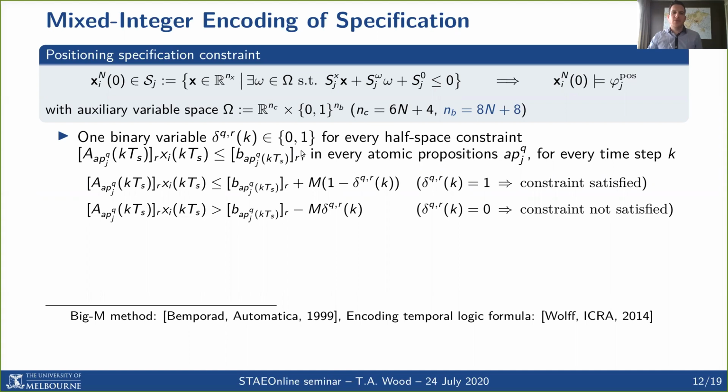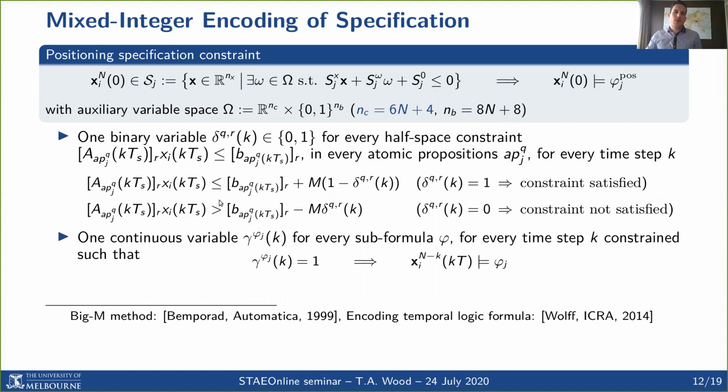So we introduce a binary variable for each of these cases, and we use the big M method, where we can encode binary variables. So we can encode that the binary is 1 if and only if the inequality holds, or we can just do one or the other. In some cases, it might be beneficial to only encode one direction. So we want that the binary variable being 1 implies that the constraint is satisfied, or the opposite, or both.